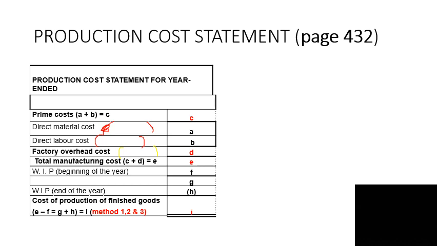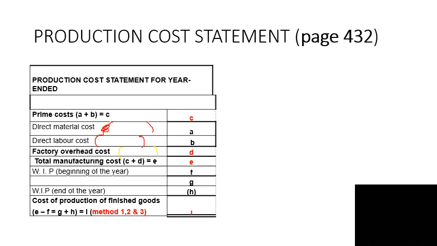Now, to our total manufacturing cost, we add opening stock of work in process to give us a total, then we subtract work in process at the end to give us the cost of production of finished goods, which is the main aim of this. So our aim is calculating cost of production of finished goods.